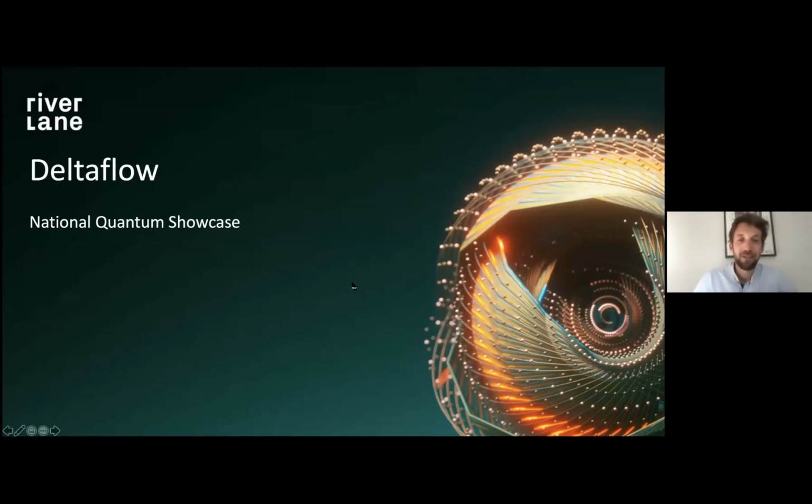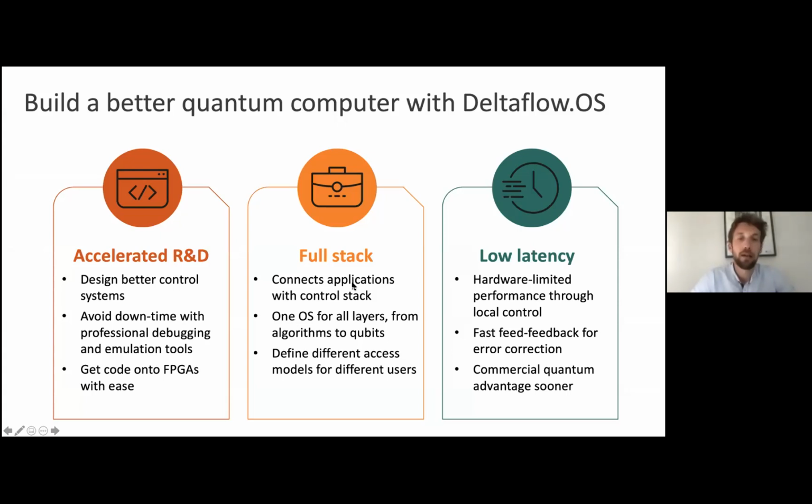So let me just start with defining the target, or at least describing our goals for Deltaflow. We want you to be able to accelerate your R&D, and that's because we think that if you work with FPGAs, and I will explain what they are and why they are needed, there is a lot of complexity that we can help you with, and that's one important goal of Deltaflow.